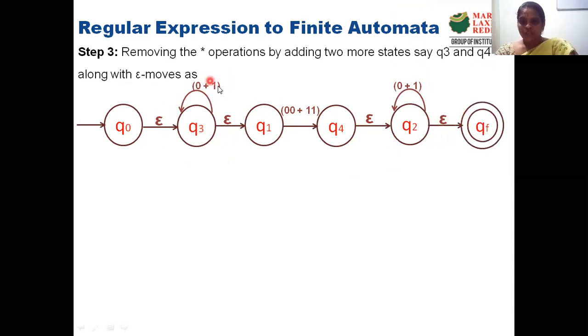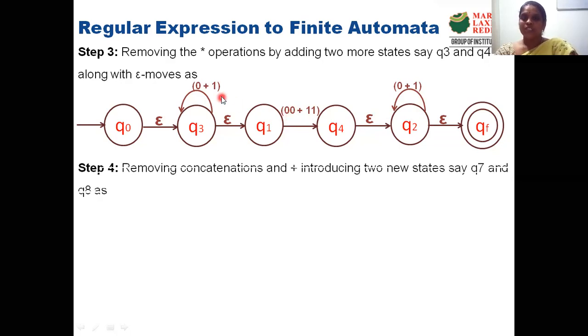Now here we can see we have broken down the closure operations, that is, there is no closure operation involved in the regular expression. In the next step we will try to break the union operation that is left over in all three expressions, and there is a concatenation also. Now let us remove this union and concatenation operation.